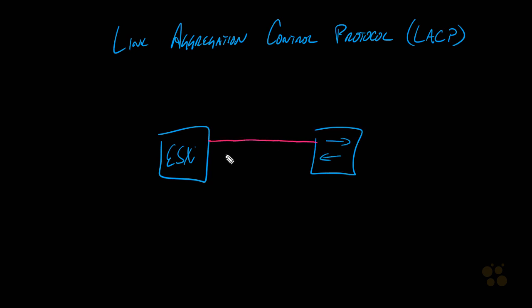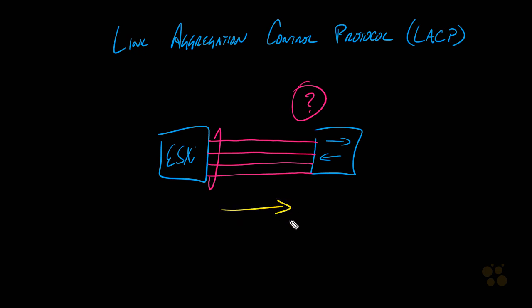With the built-in load balancing that's available between ESXi and a switch, ESXi is aware that these ports are going to work together as a unit. But what about the physical switch? It has no idea that ESXi thinks of all of these ports as being equivalent to one another. So our load balancing is being controlled only from one direction.